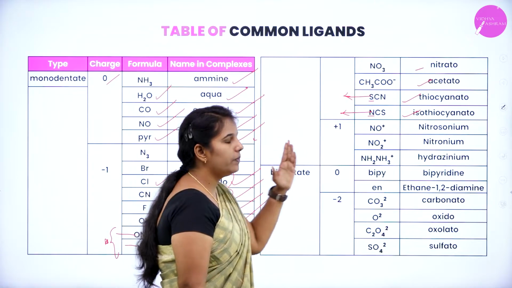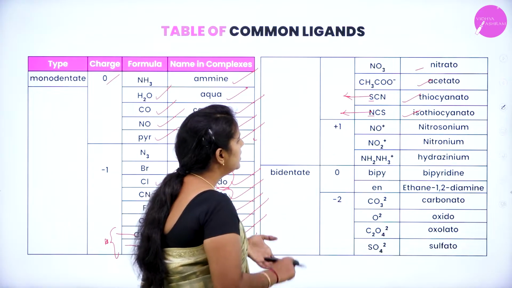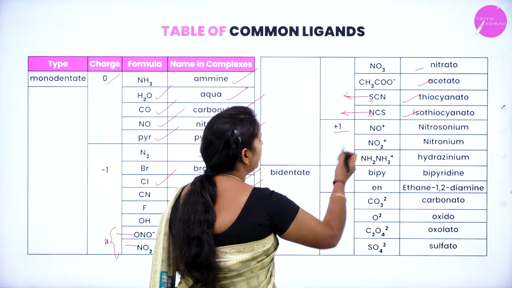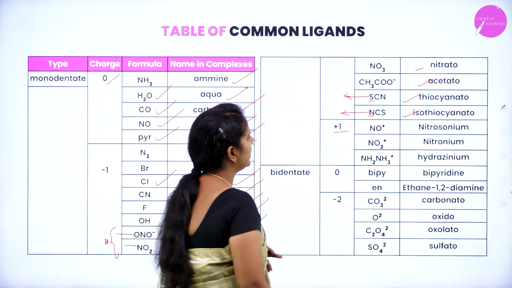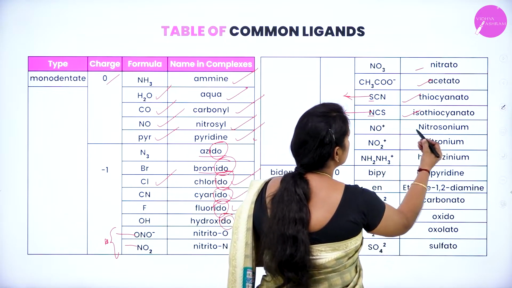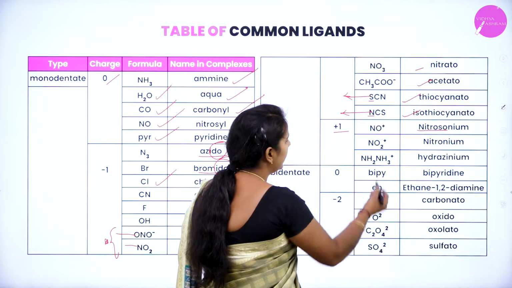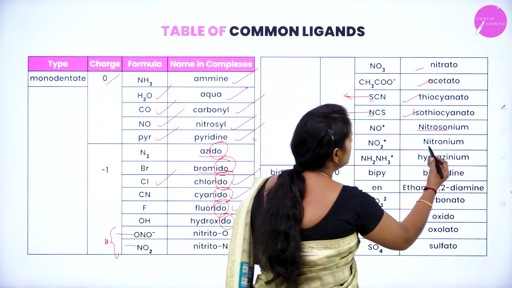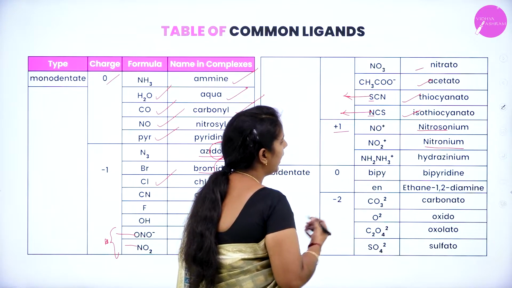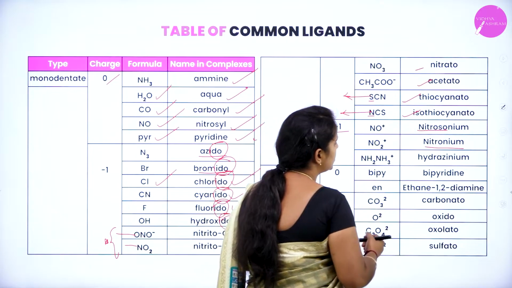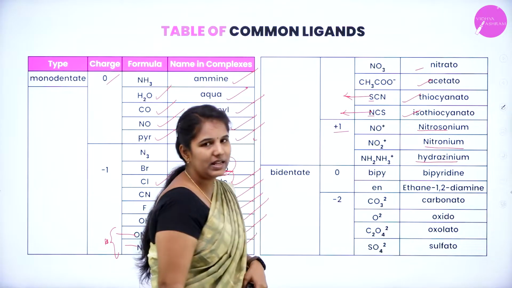We'll go with the cationic ligands here. They carry a +1 charge. You can see NO plus which is nitrosonium, NO2 plus which is nitronium, and NH2NH3 plus which is hydrazinium.